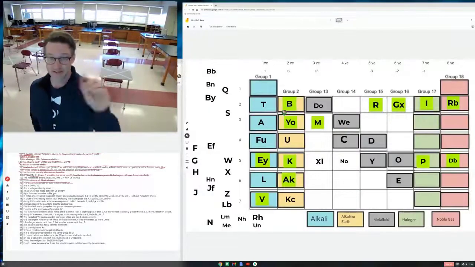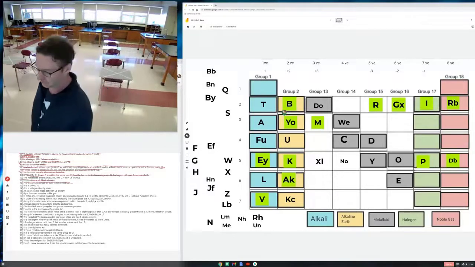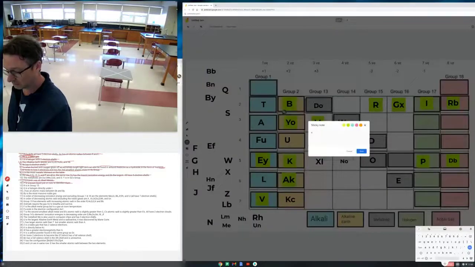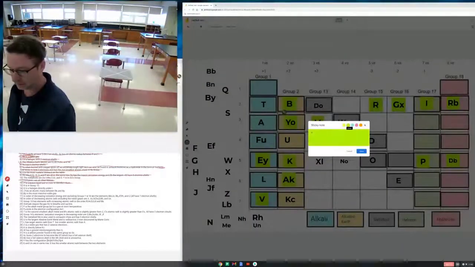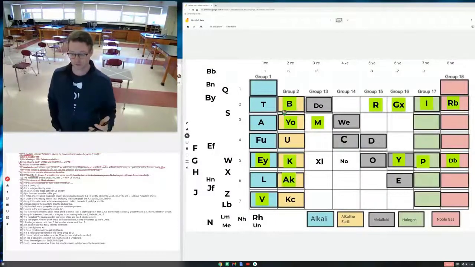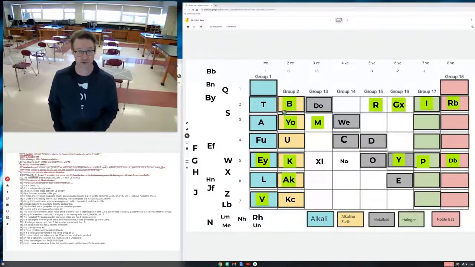Now I'm going to go back, because we have that clue that said Y and GX are in the same group. So that tells me that those two elements need to trade places. But it also tells me that Y has to be in that box, because it's in the fifth row, it's a metalloid, and it's in the same group as GX.